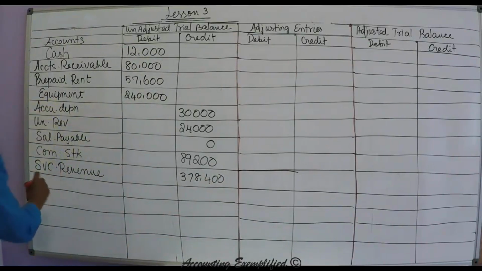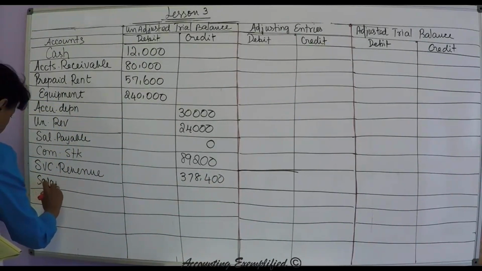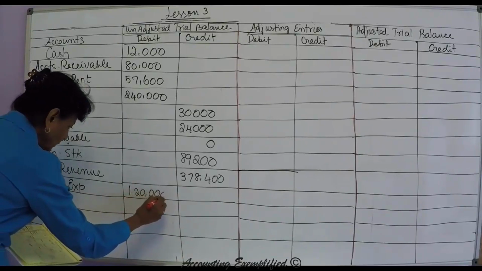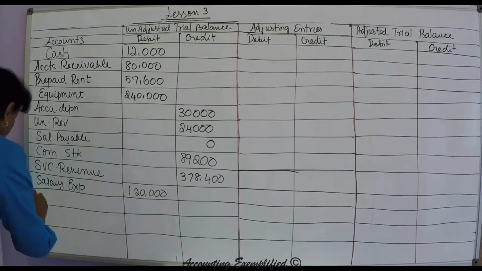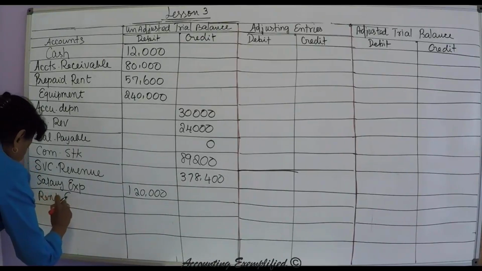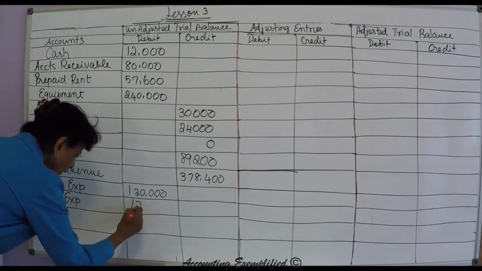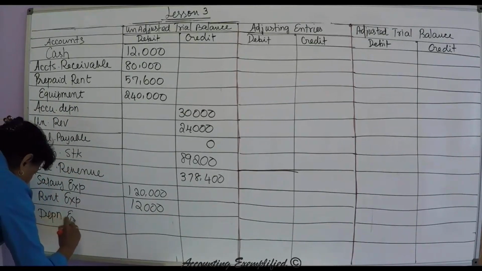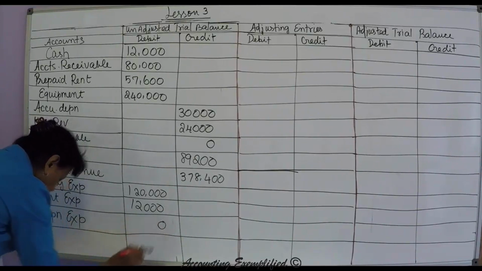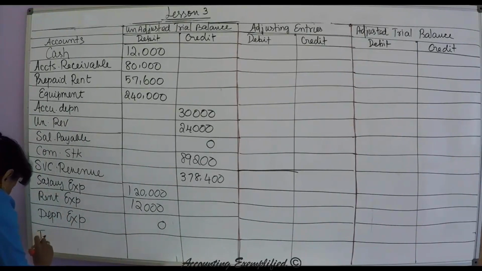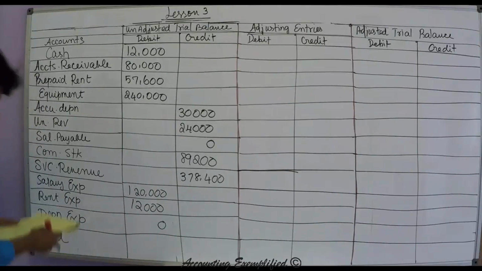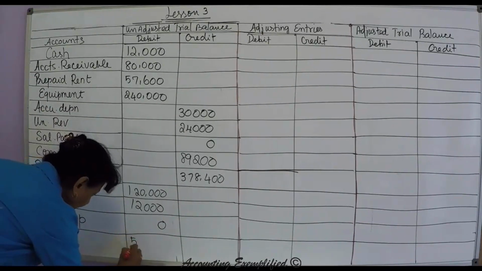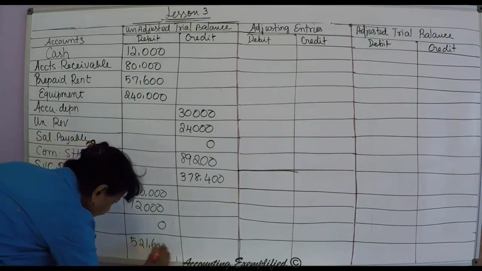Salary expense had a balance of 120,000, and then you have the rent expense that had a balance of 12,000, and finally we are also going to have a depreciation expense with a balance of 0, and then the total for the unadjusted trial balance is 521,600.